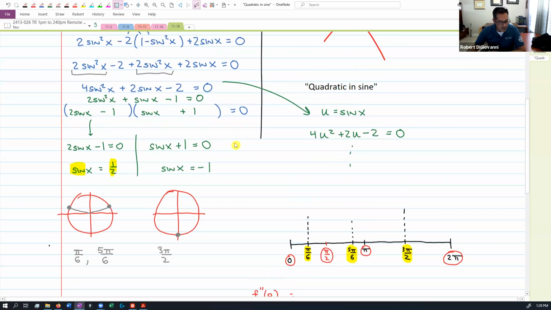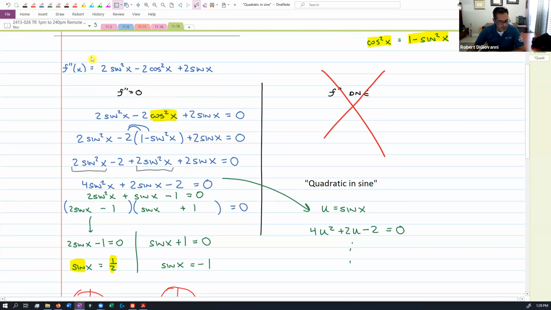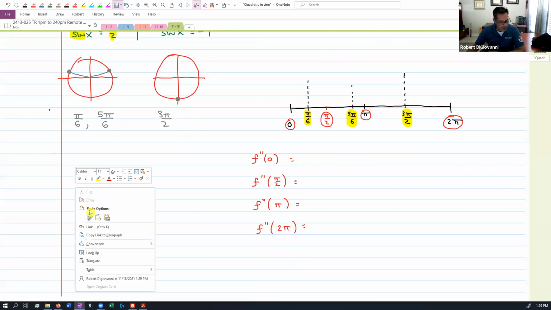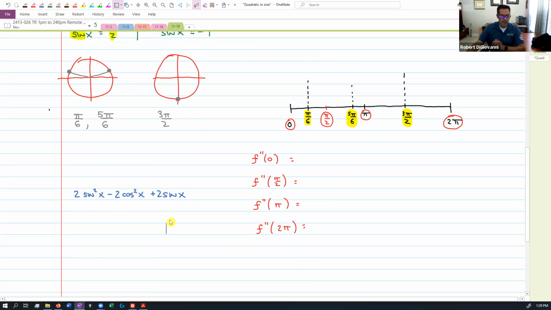And my second derivative is this, right? That's my second derivative.